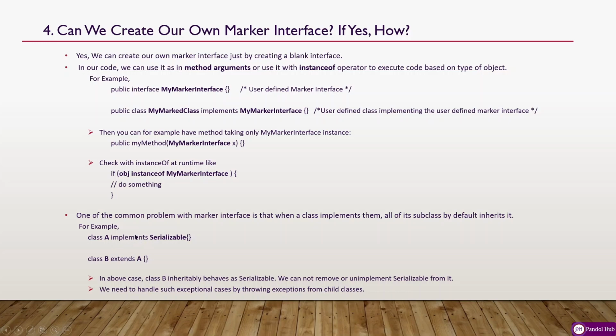You cannot detach the Serializable implementation from B because B is already associated with A, and A is associated with Serializable. So in the A and B case, class B inherently behaves as serializable. We cannot remove or unimplement Serializable from it. We need to handle such exceptional cases by throwing exceptions from child classes. So this is one of the strict behaviors of Serializable-implementing classes.